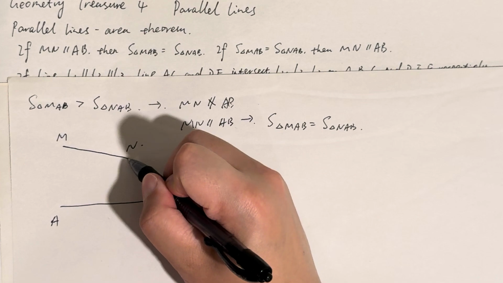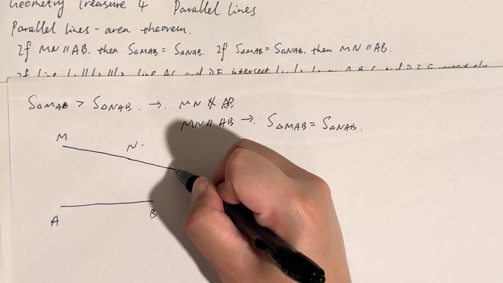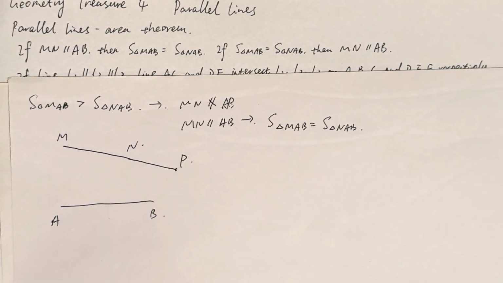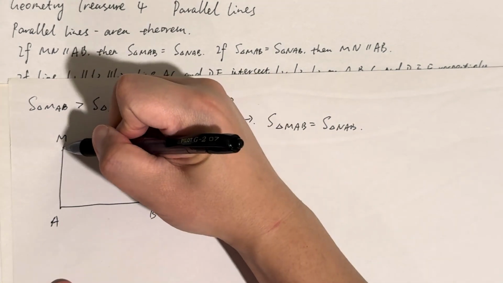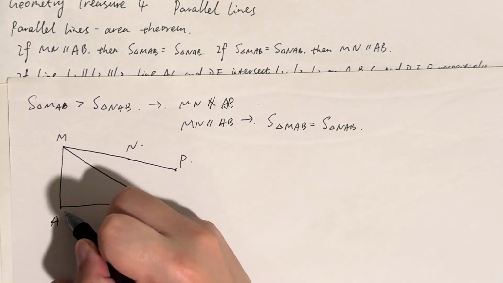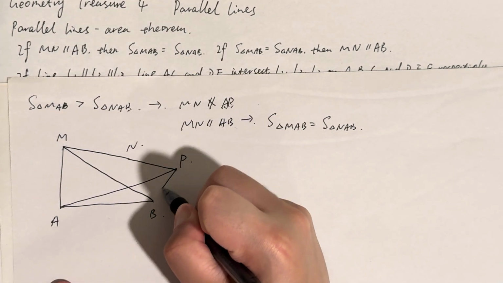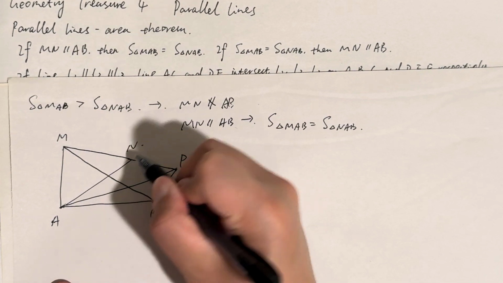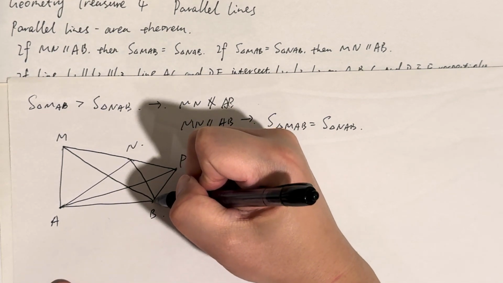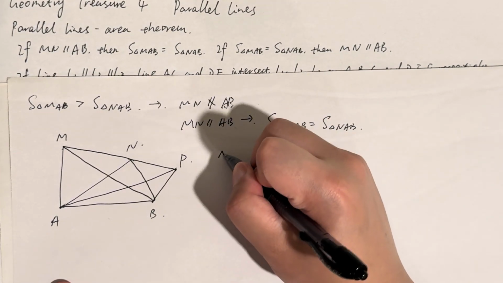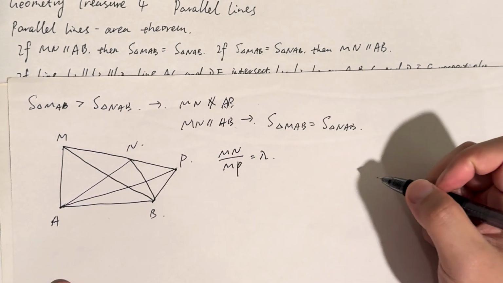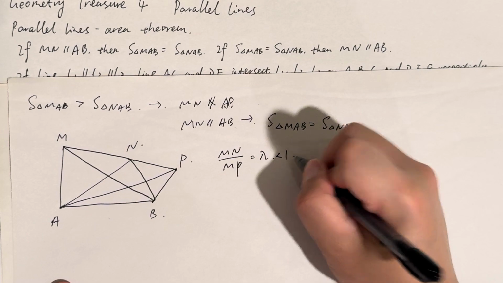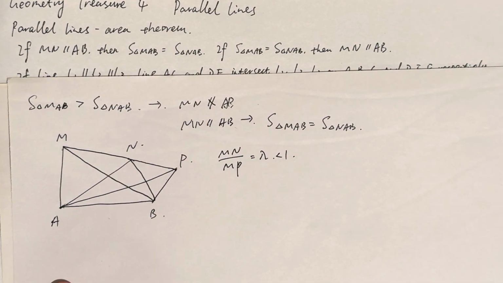We can just find a point P on the line MN, right? We can find this point P. Which means we can set MP to MN equals lambda, and we know that lambda is less than 1, right?